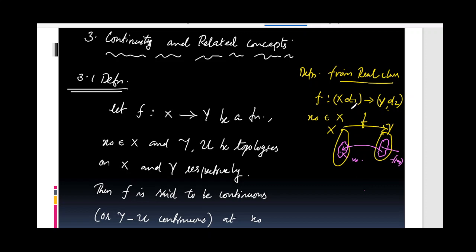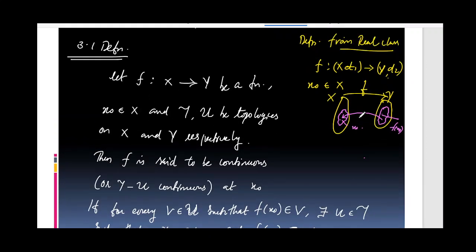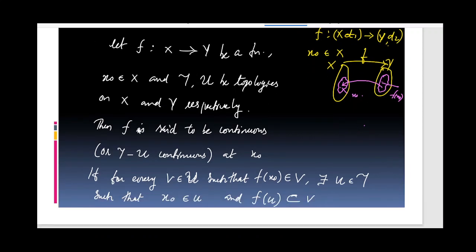So what about the definition here? Here we have the same criteria. We say that open means it belongs to the topology. Now we examine it. For every V belongs to script U such that f of x naught belongs to V, that means every open set in Y which contains f of x naught, there exists U belongs to T. Something belonging to the topology means we say it is open.